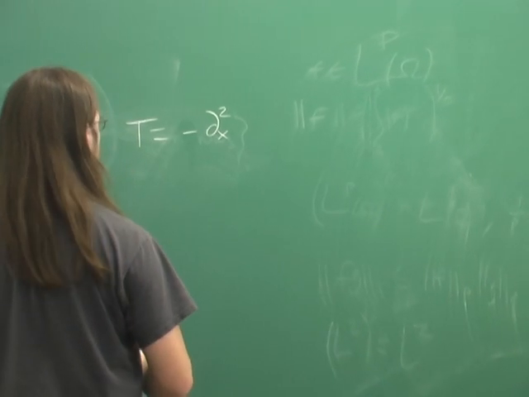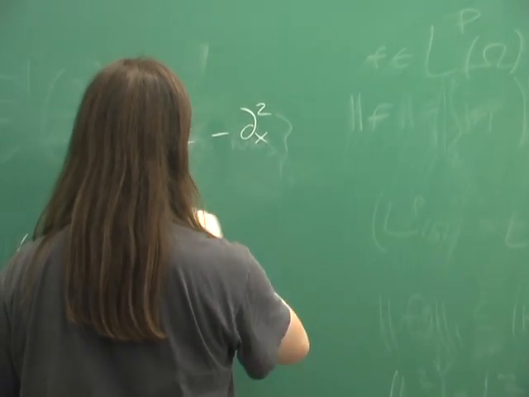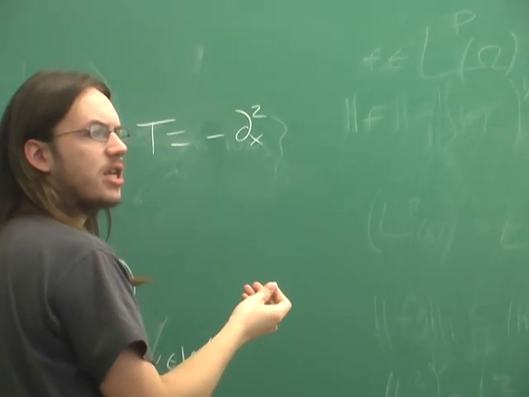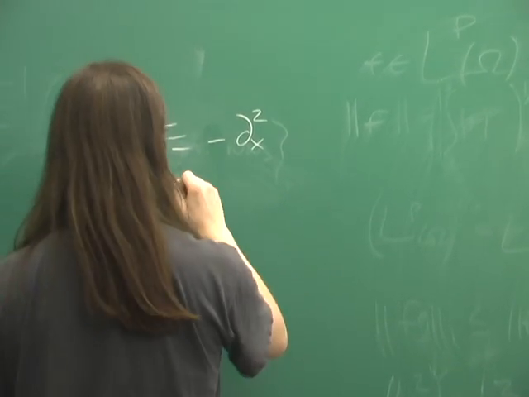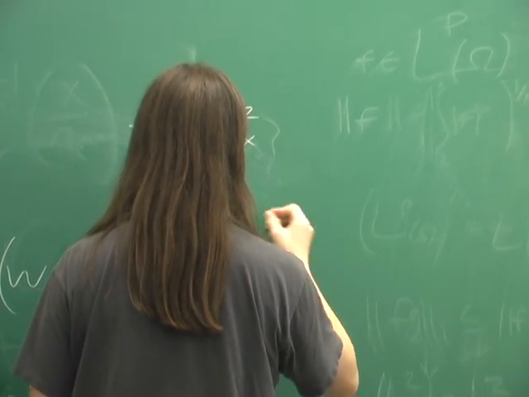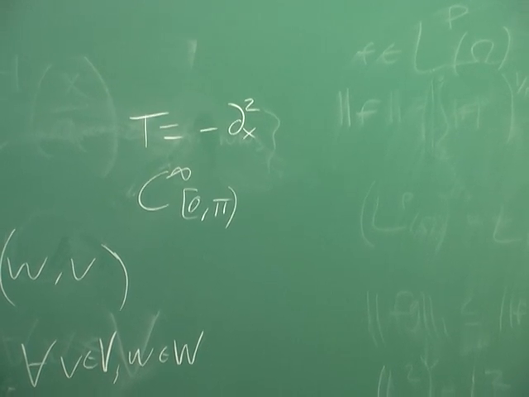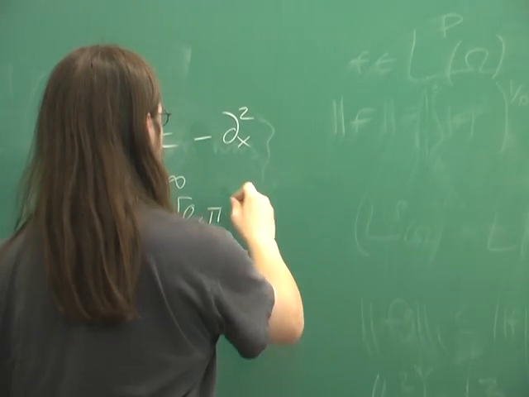The functions are on 0 to pi, continuous functions, or smooth functions. Why did you exclude pi there? No reason, I guess.